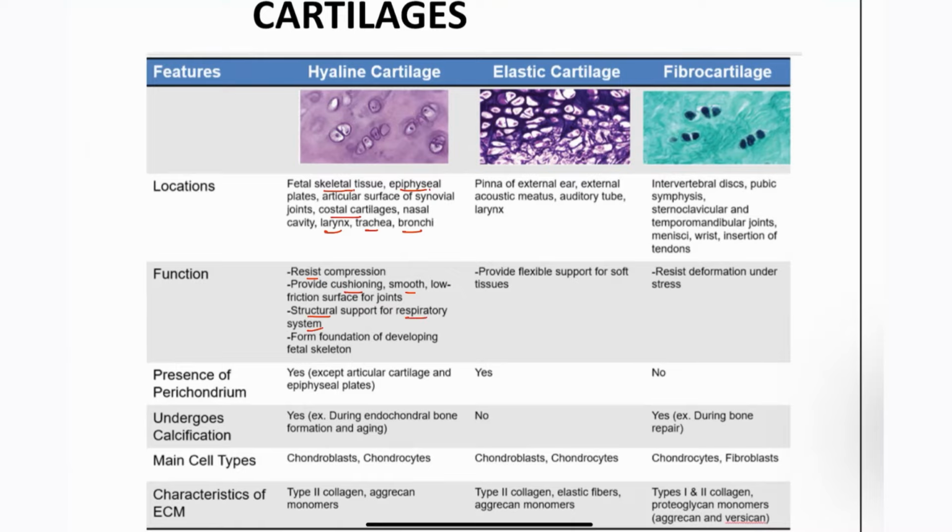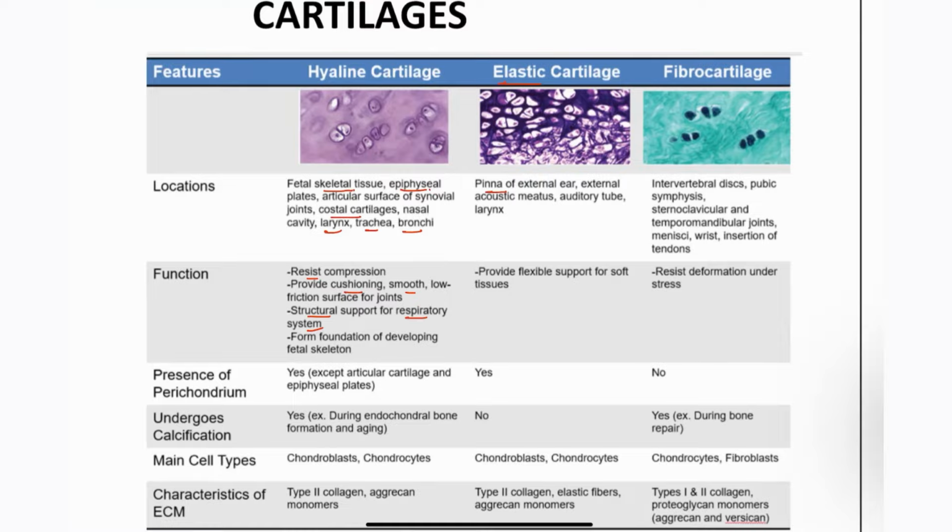Again, hyaline cartilage is present in the fetal skeletal tissue, epiphyseal plate, costal cartilages and also the larynx, trachea and bronchi. Next, elastic cartilage. This is how elastic cartilage looks under the microscope. It is present in the pinna, right? The pinna is just elastic tissue only.